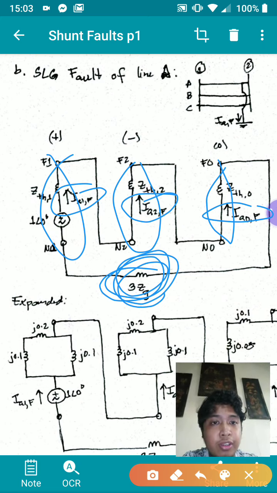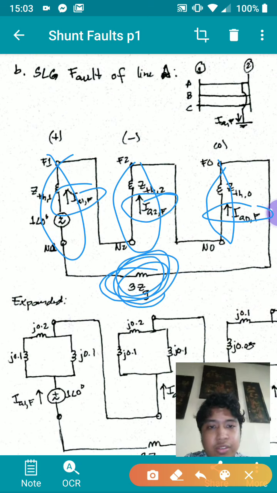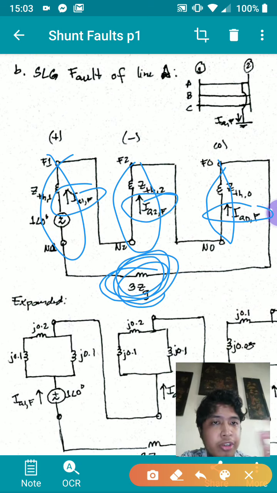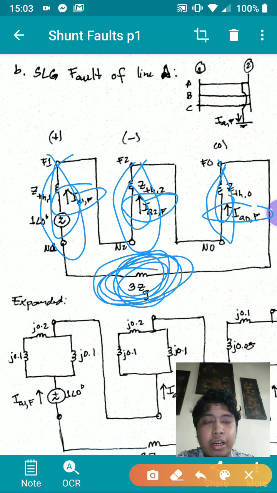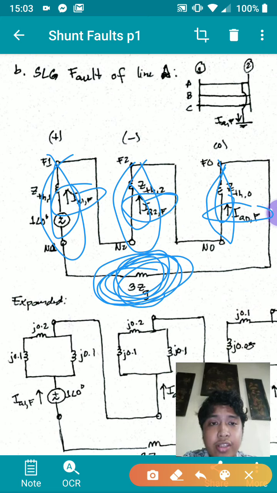It's basically your fault impedance. I just use ZG because it's connected to the ground, so it's basically a grounding impedance. So you have these three networks here, all of them in series with 3ZG. That's how you represent your single line to ground fault.